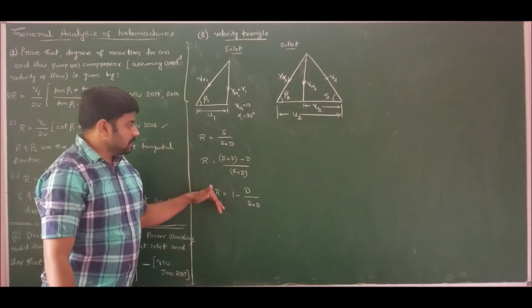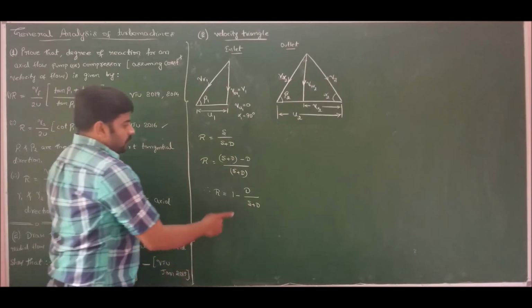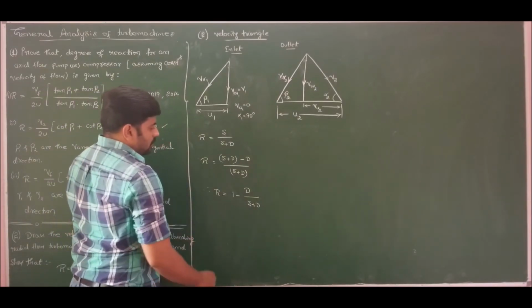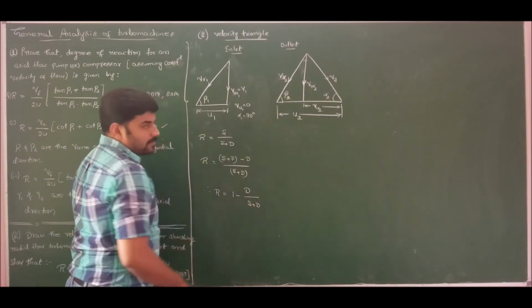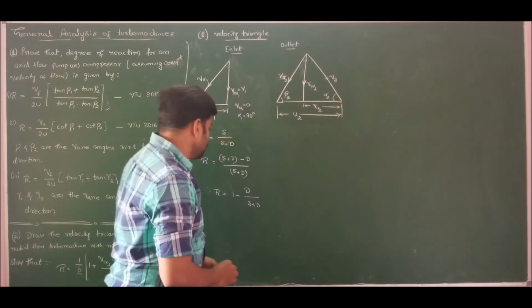So this is based on the hint he is giving us. Now we know the dynamic component for a power absorbing turbo machine. This static plus dynamic component is nothing but Euler's equation of energy transfer for a power absorber.